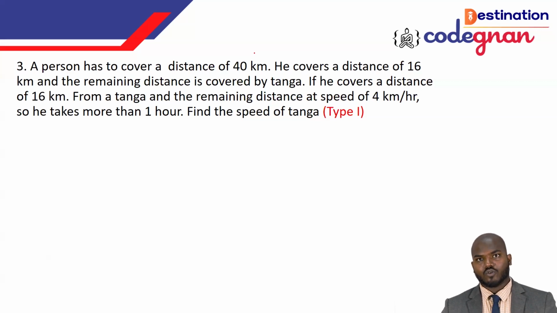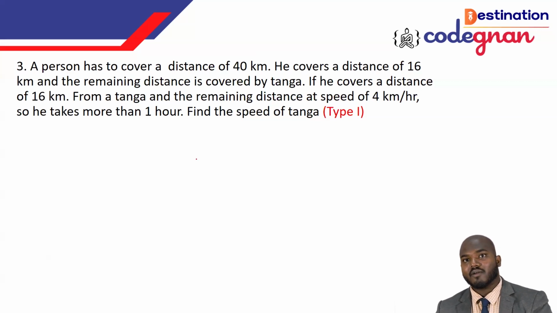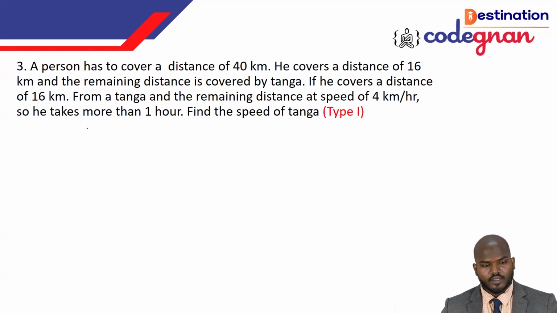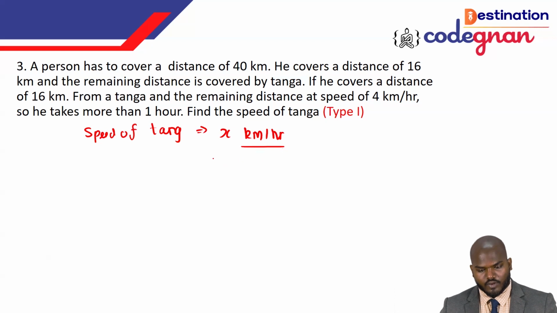As I told, you just need to start from the question's requirement. So I can call the speed of a Tanga x kilometer per hour. Once I say this, the person has to cover the distance of 40 kilometer.